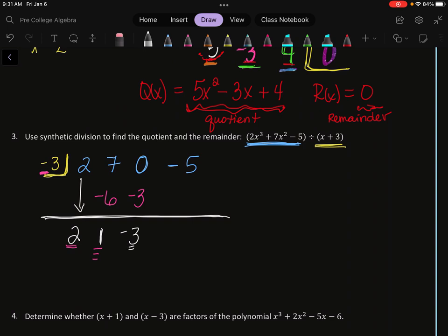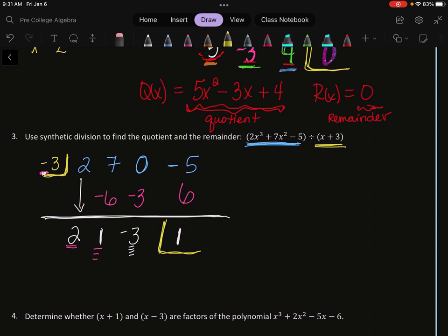So again, I'm taking this guy and multiplying it by my divisor, and that is a +6. And then I add those, and I get 1. Let me put that in white. And then again, with my pencil, I know I have my colors. I always box that off because I know that's going to be my remainder.